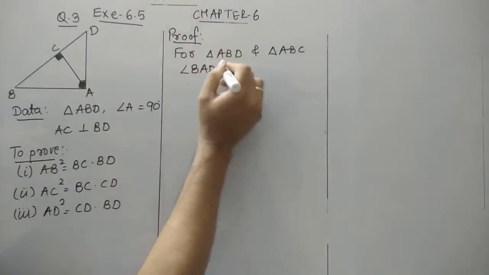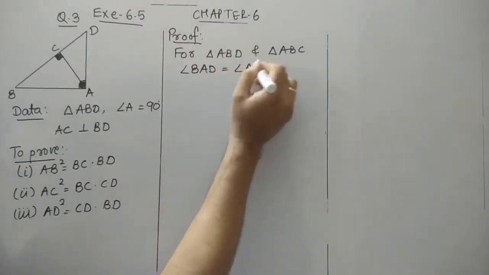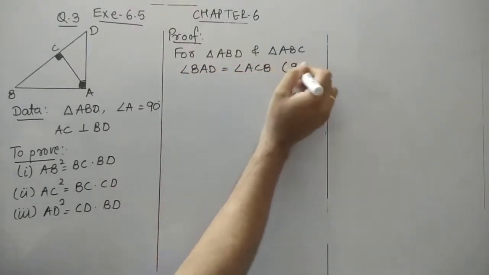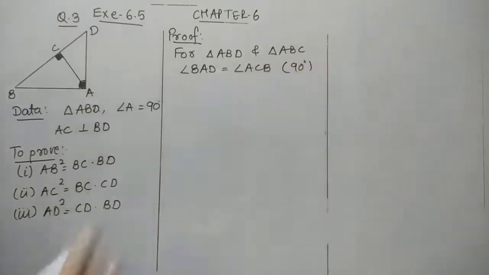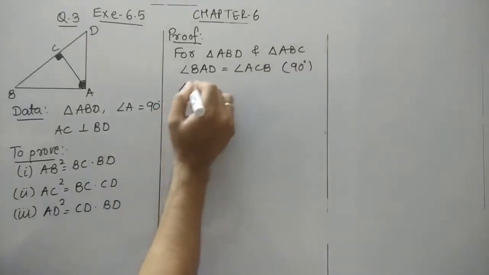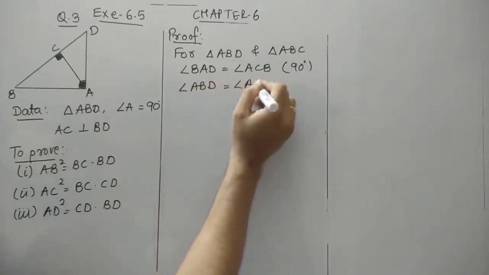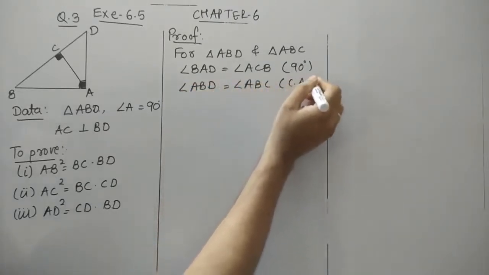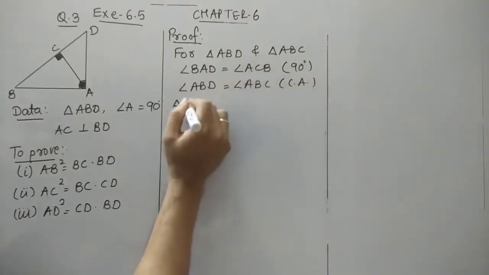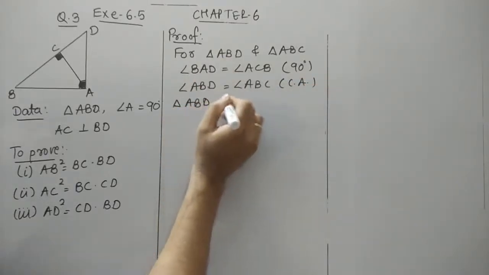In BAD angle A is a right angle and in ABC angle C is a right angle. So both are right angles here. One more, you can see that angle B is common in both of them. So I'll use that also. That is the common angle. So the angle criteria exists, so both the triangles are similar.